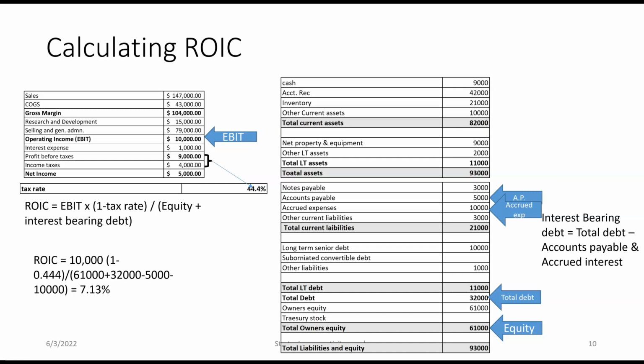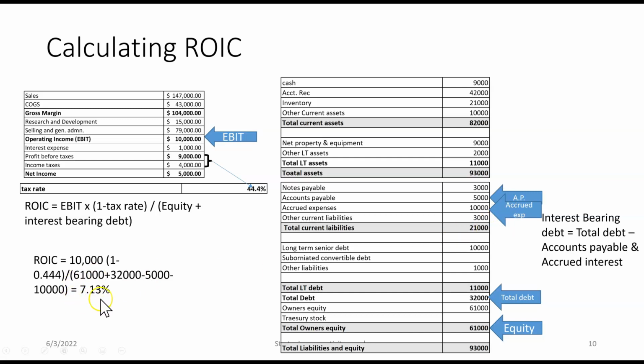We'll take that out. So now we can calculate the ROIC, the return on invested capital, which basically is that we take the EBIT, which is 10, times one minus tax rate, which is 44%, divided by invested capital, which is equity, which is 61 from the balance sheet. And then we add the debt, subtracting from the total debt the non-interest bearing debt, which is accounts payable and accrued.